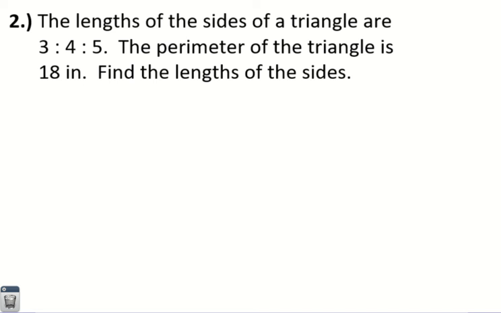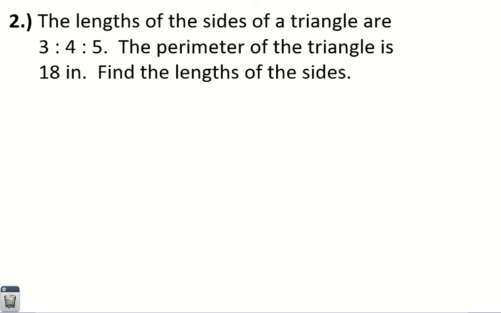Final example for the notes here. The lengths of the sides of a triangle are in a ratio 3 to 4 to 5. So the ratio of the lengths are 3 to 4 to 5. The perimeter of the triangle is 18 inches. Find the lengths of the sides. Okay.